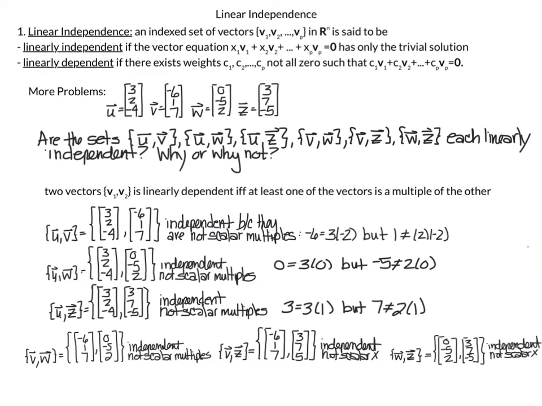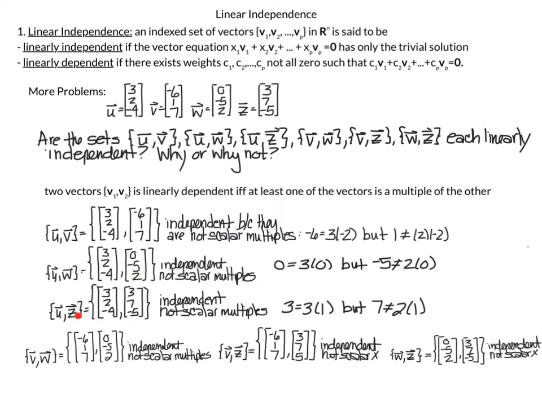If we look at u and w, where w is (0, -5, 2), for the first coordinate we'd have to multiply our 3 by 0. But then if we multiply 2 by 0, we're not going to get -5. So there's no single scalar that you can multiply this vector by to get the other.